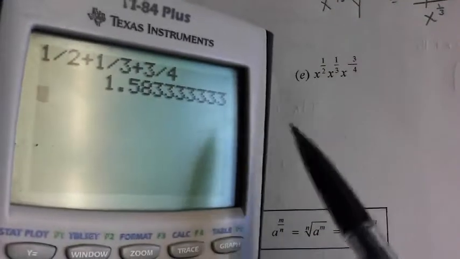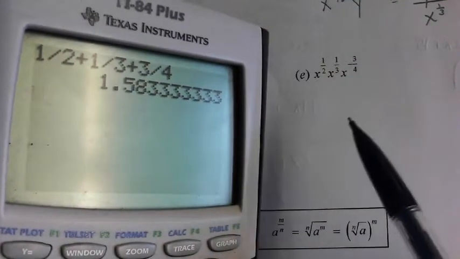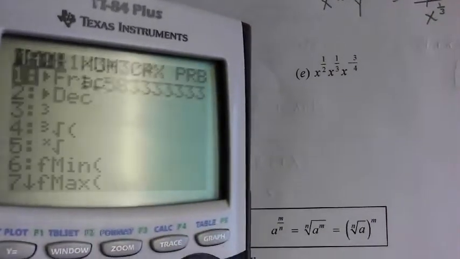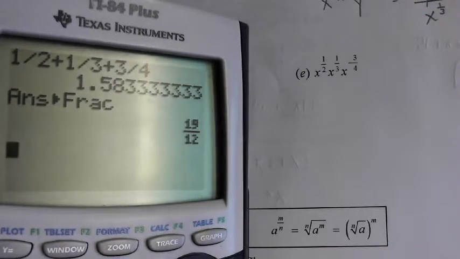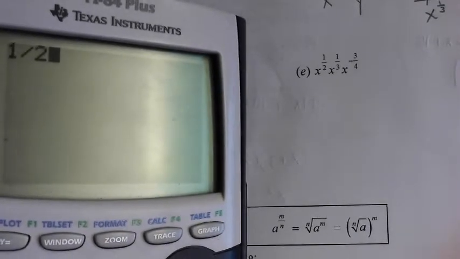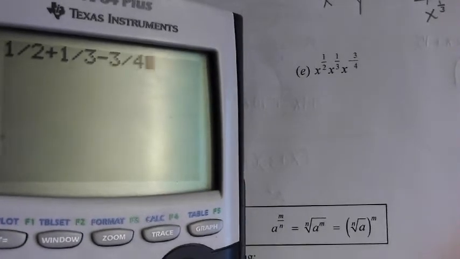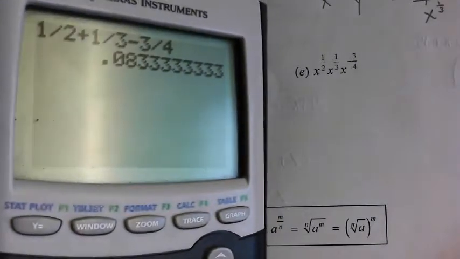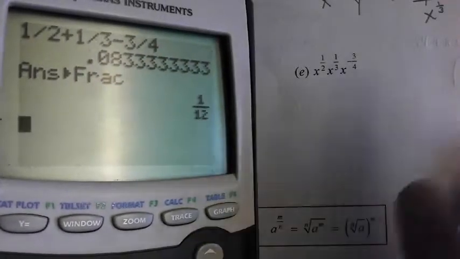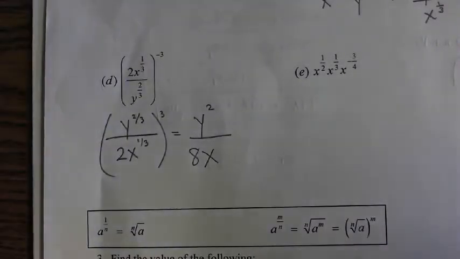And here's where I'm saying, you're not going to write x to the 1.583 repeating power. You're going to change. Thank you. 1/2 plus 1/3 minus 3/4. Okay, we're not just going to leave it as a decimal because it started in fractions. We leave it as fractions, so just to the 1/12 power.